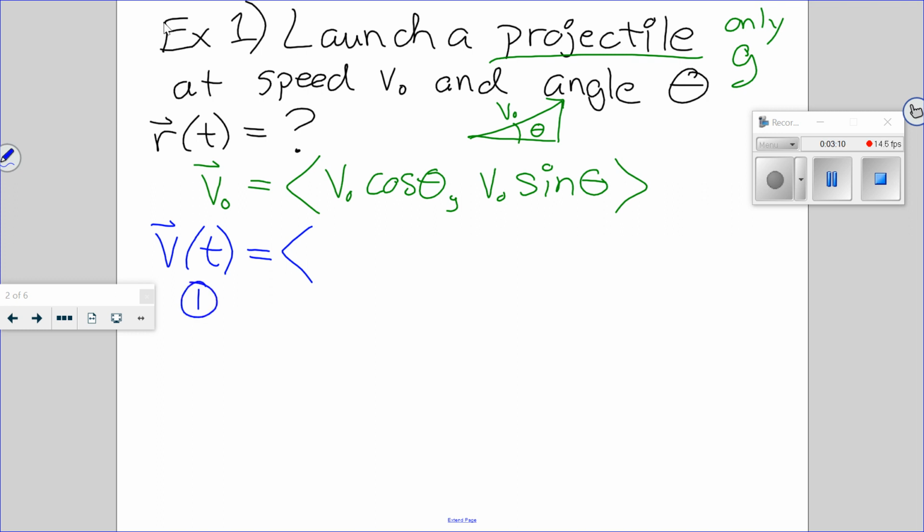But what's a in the x direction? If there's no forces, exactly, I said the word projectile, so there's no forces other than gravity. Well, gravity only acts down. In fact, we went on about that in first year physics. The only way we define the direction down is that's the way that gravity points.